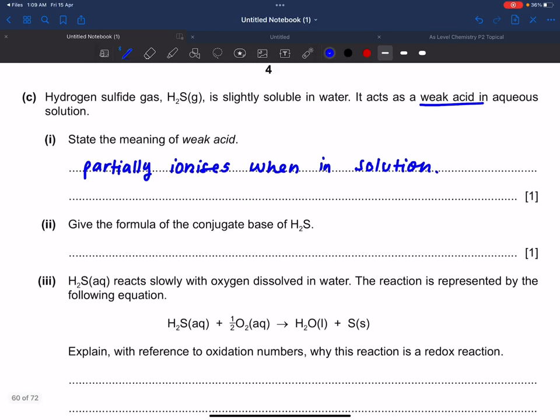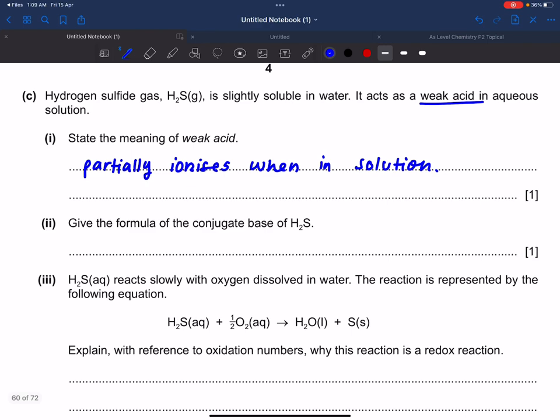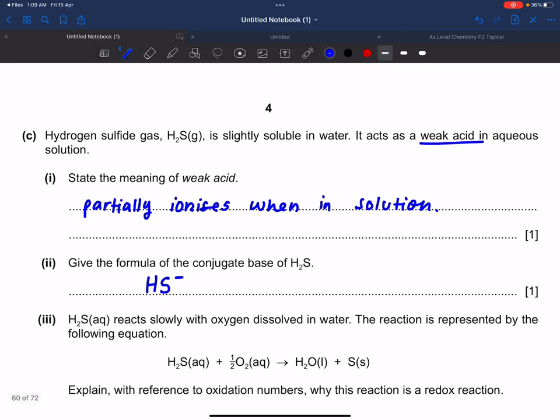Next part says give the formula of the conjugate base of H2S. This is very simple. When this is added to water, H3O+ forms, so one hydrogen is taken from H2S. Conjugate bases are negatively charged. So what happens is H2S reacts with water, forming H3O+.